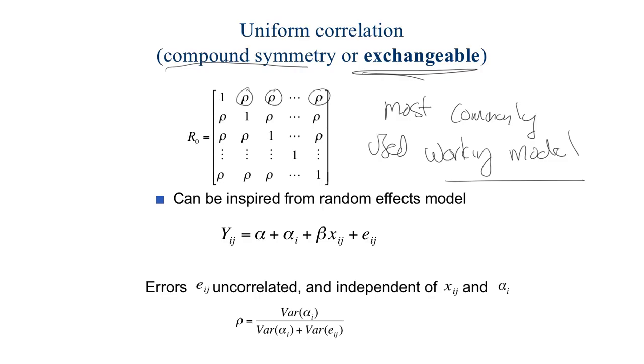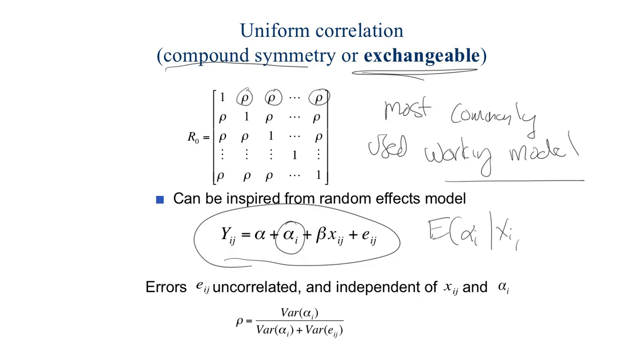You can inspire this from a simple example we've had in a previous lecture. If I have a simple random effects model, so that E[alpha_i given X_ij] is equal to 0, for instance, and I look at the correlation of Y_ij and Y_ij', just two observations of the same person, where j is not equal to j'.